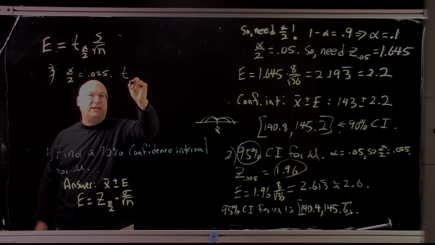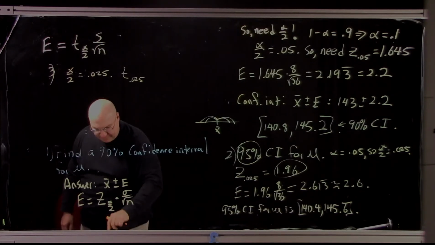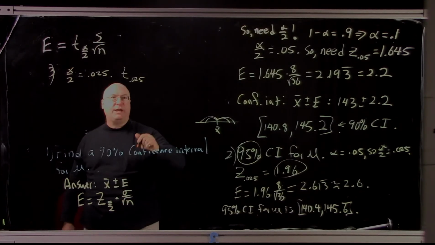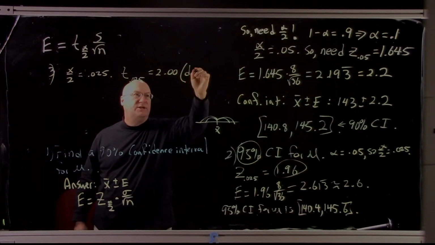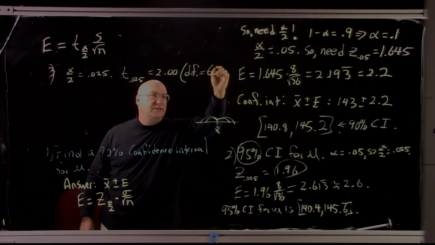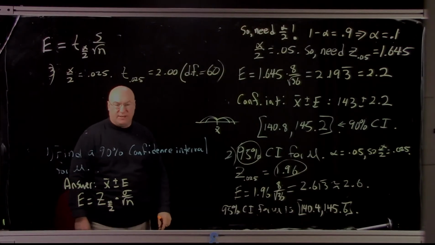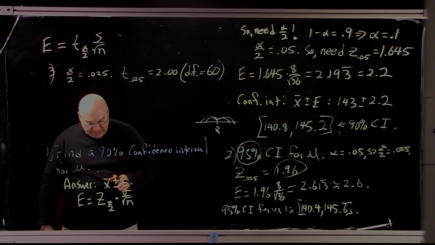So I want to look up t 0.025, and if I go looking it up, I get 2.00. What I'm using is degrees of freedom. I should use 63, but the table I have doesn't give me 63, so I use 60, right? So I go below, as we always have.